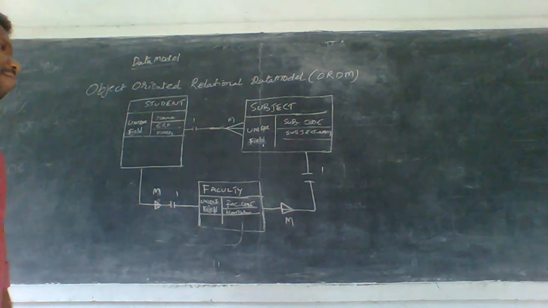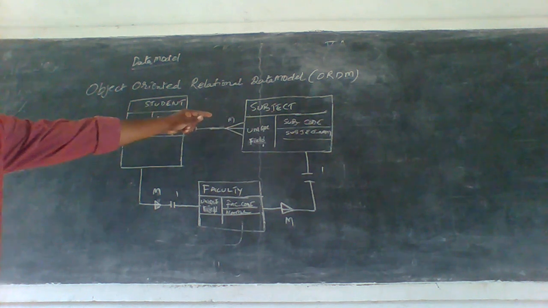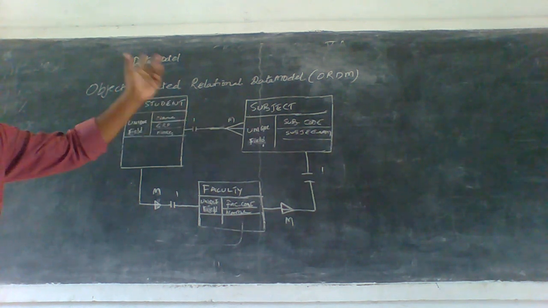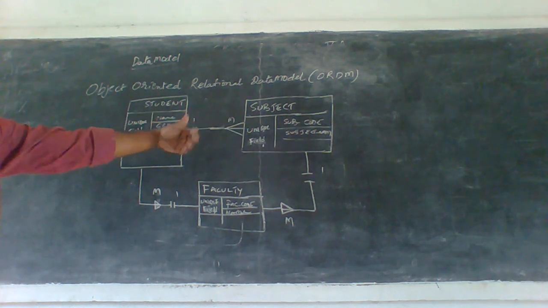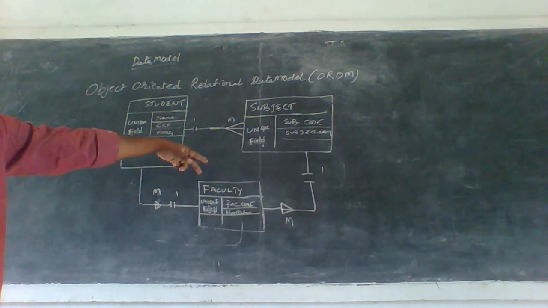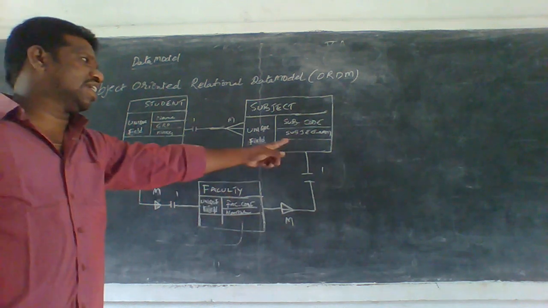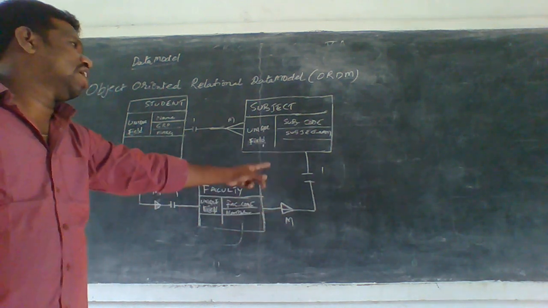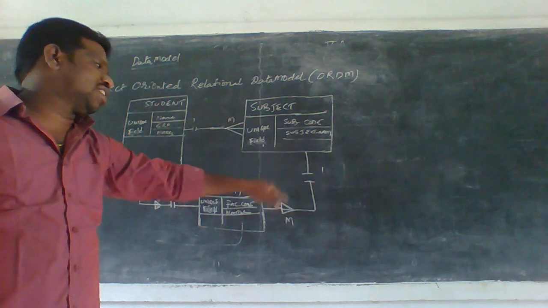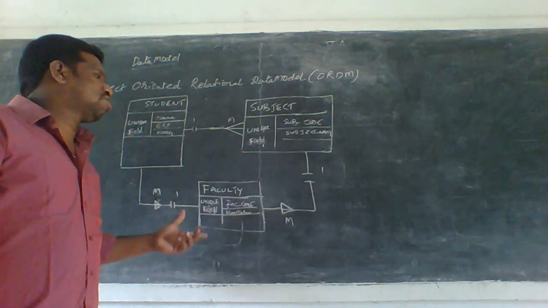Faculties are many, and the subject is a single subject. A subject can be taught by many faculties, and many faculties can teach a single subject, which is also available. A single subject can be taught by many faculties. That is also available in the association.